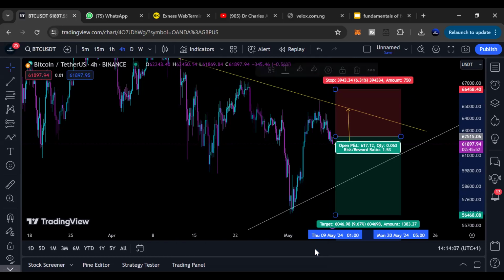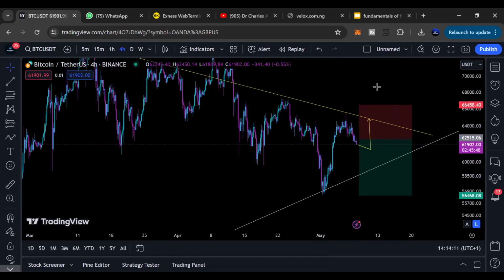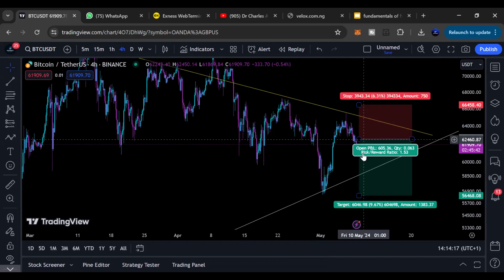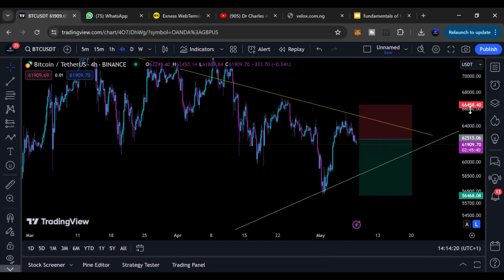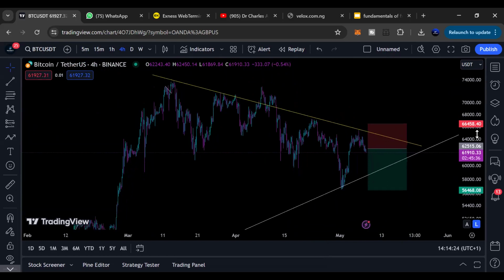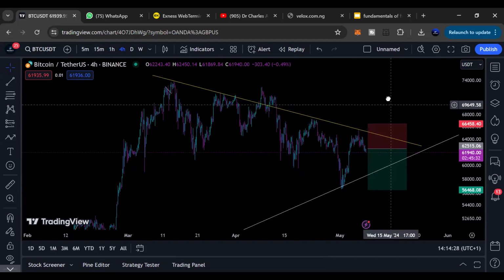So this is your stop loss. What this eventually means is that in a situation whereby this BTC reverses and starts going up, if it eventually gets to 66,458.4, nothing should keep us in this trade, because what it means is that the price of BTC is actually going to go up higher. I hope this is clear.